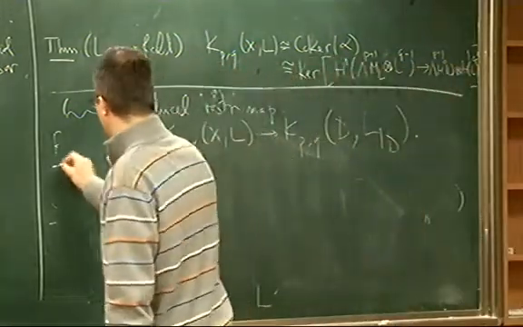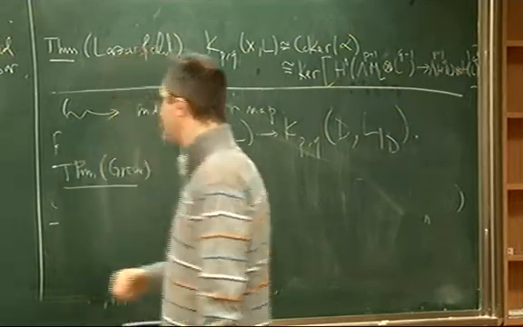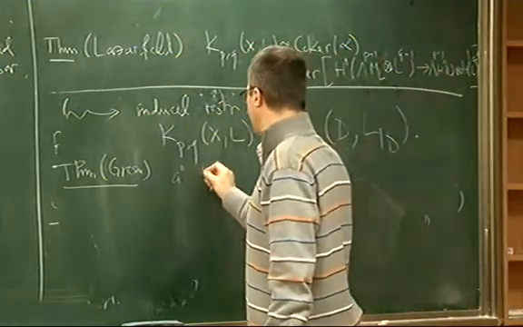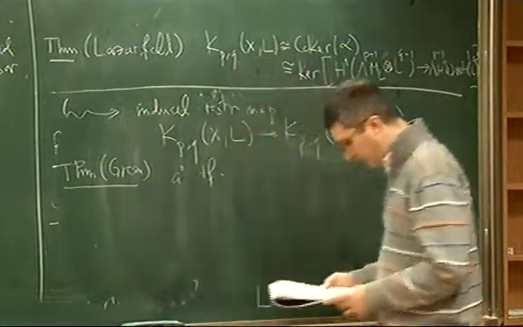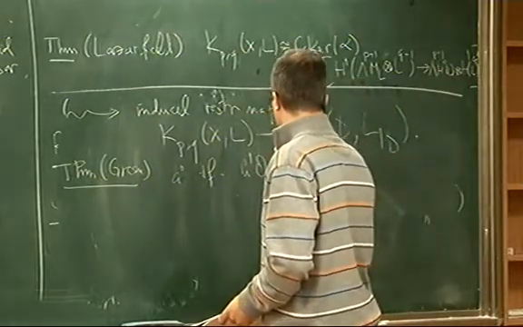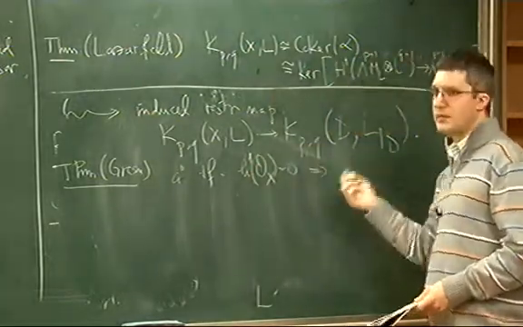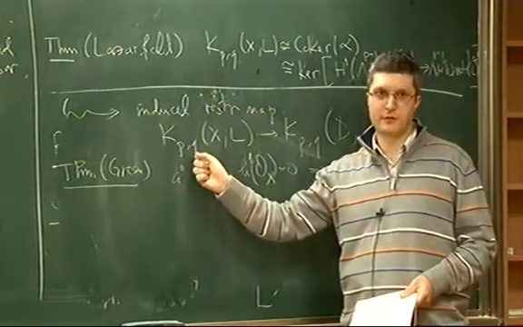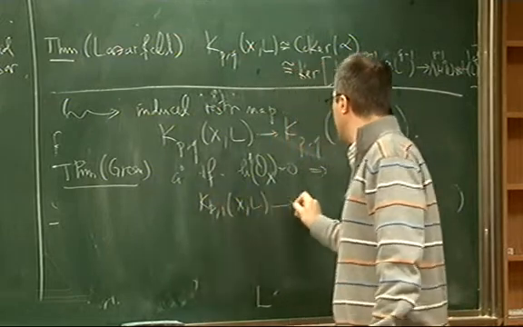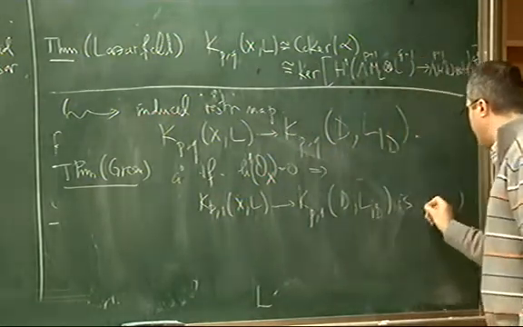And the result proved by Green, which he called the Lefschetz hyperplane section theorem, is that if H1 of OX is 0, then the restriction map induced at the first level, so for q equals 1, K_{p,1}(X, L) to K_{p,1}(D, L restricted to D), is an isomorphism.